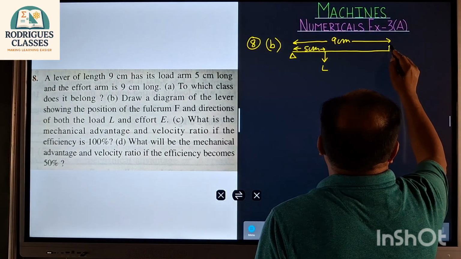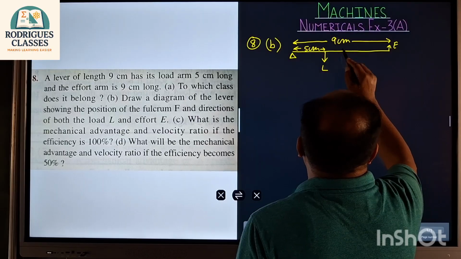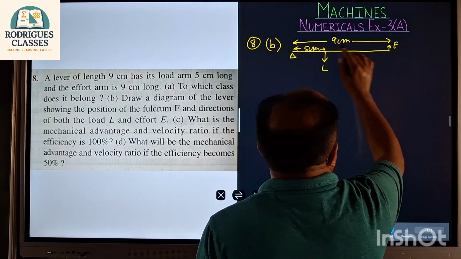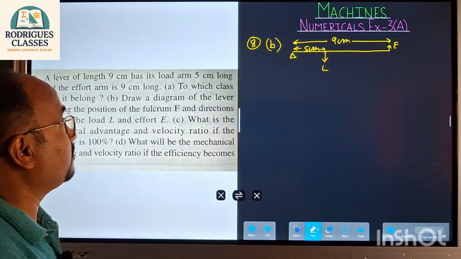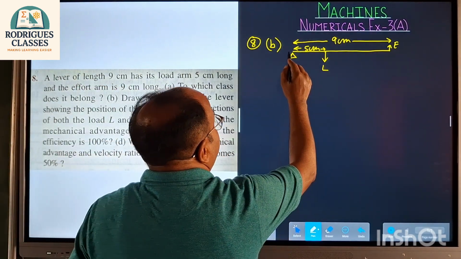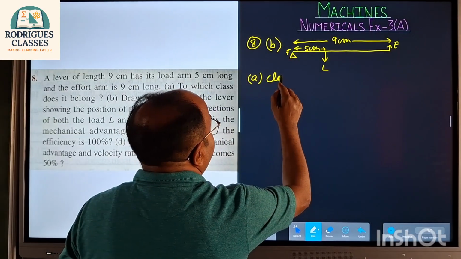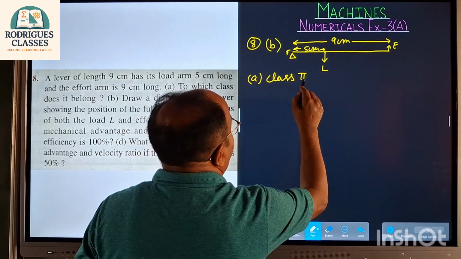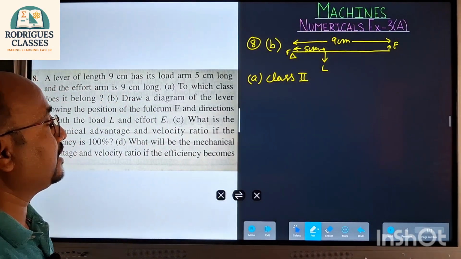So I need to apply the effort here upward. That is 9 centimeter. This becomes the effort arm. The length of the rod and the effort arm is the same. So you can see that load is coming in the middle. This is the fulcrum, let me write F here. So I can write here it is class 2 lever. Now in the C part, what is the mechanical advantage?